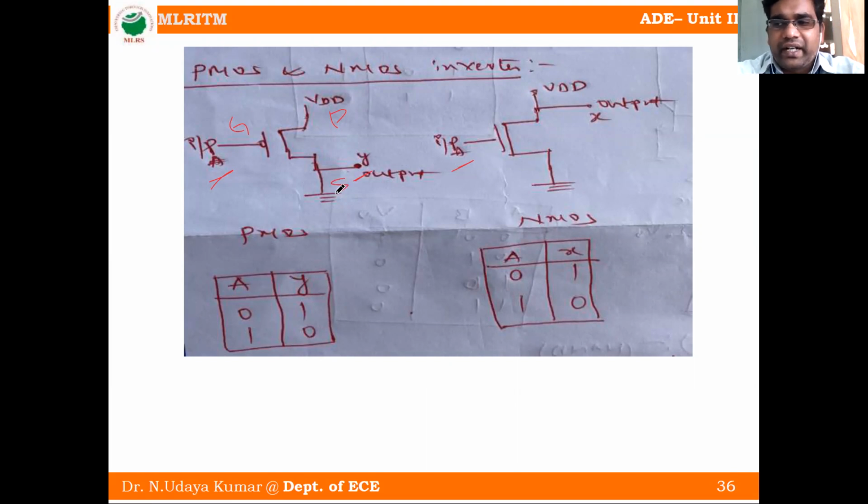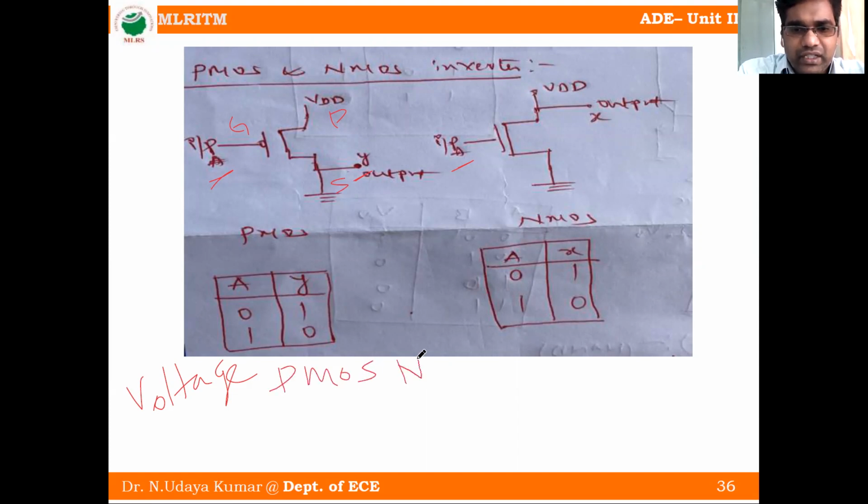Now we will see when the transistor is on and when it is off. Whenever we give input voltage, like VGS, VDS, and VDD voltage, what happens? Here one is PMOS and this one is NMOS.